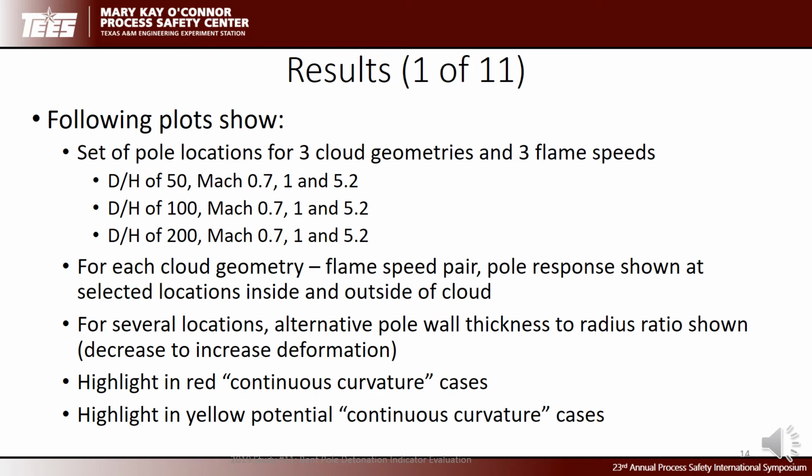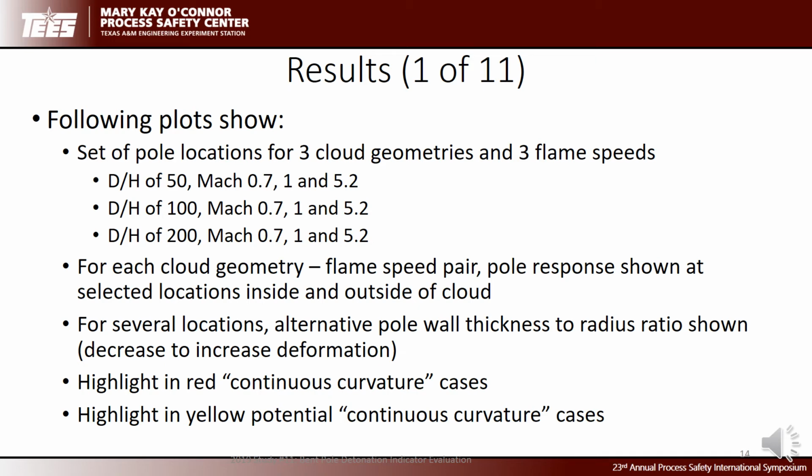But just so you have a guide of what we're going to walk through, first the kind of squattest cloud, diameter height ratio of 50 at all 3 flame speeds, then going all the way to the diameter height ratio of 200, all at the 3 flame speeds. For each cloud geometry flame speed pair, what we're looking at is the response of the pole, and we'll look at it graphically, at selected locations both inside and outside the cloud, and I'll have a line that shows where the edge of the cloud is as a reference point.